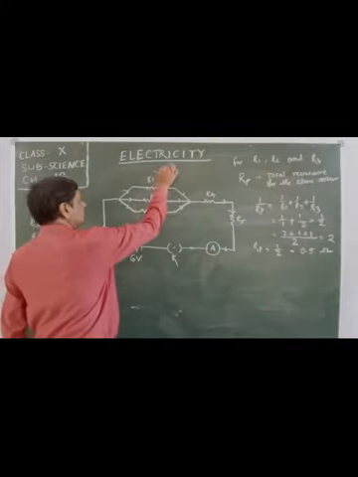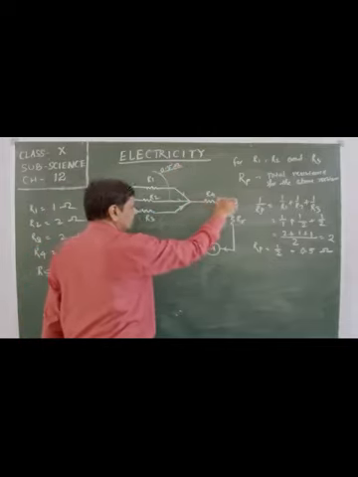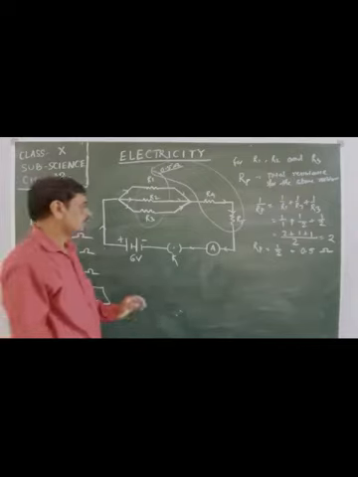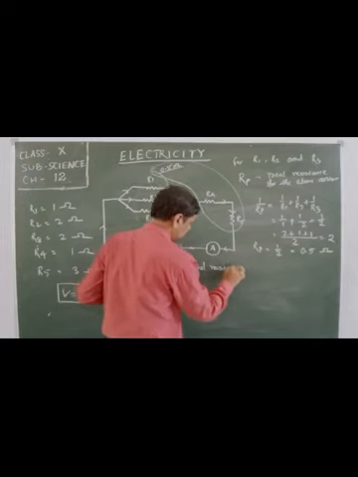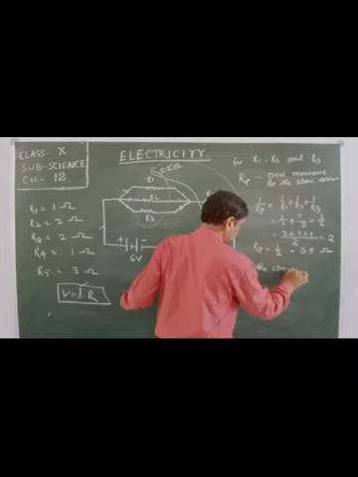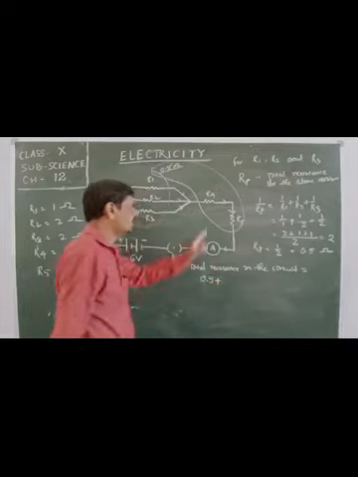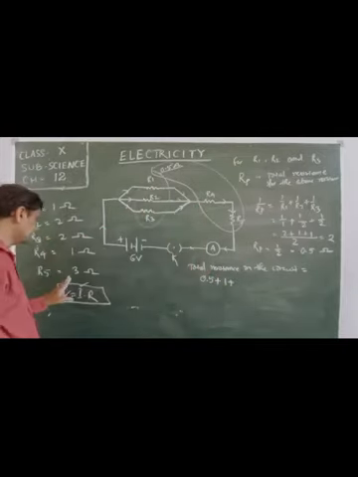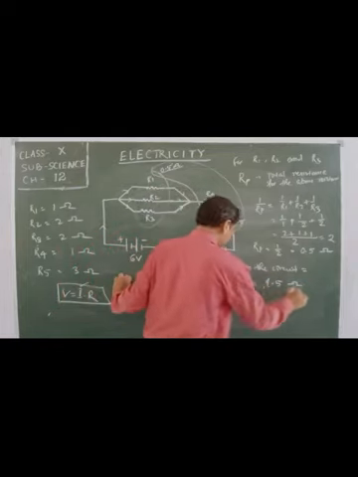Next, this 0.5 ohm, the total resistance of the three, and R4 and R5 are all in series connection. So the total resistance in the circuit is equal to 0.5 plus R4, that is 1, plus R5, that is 3, equal to 4.5 ohm.